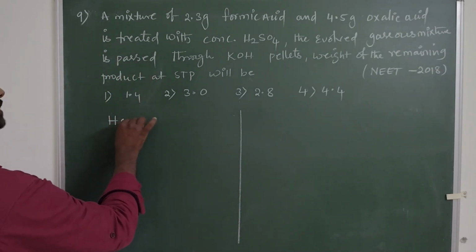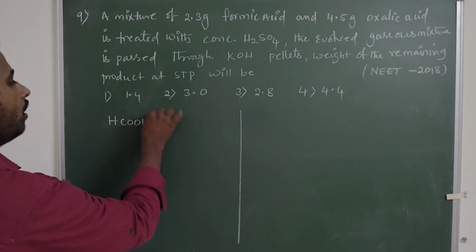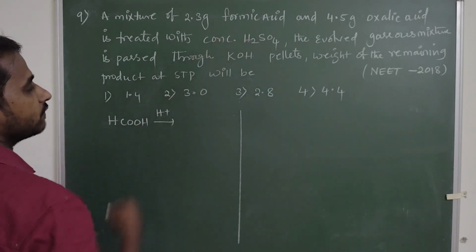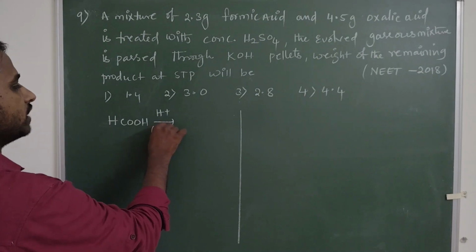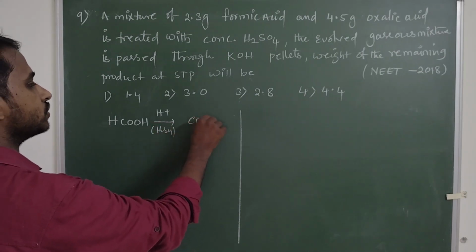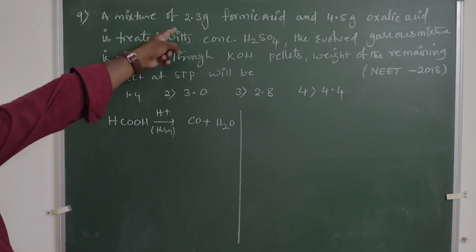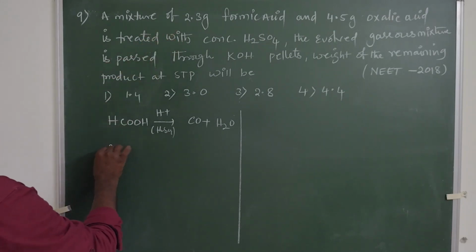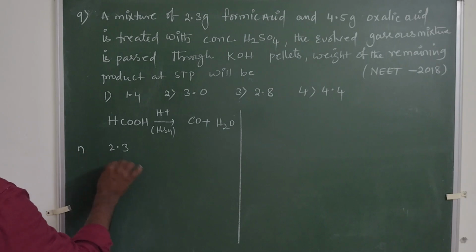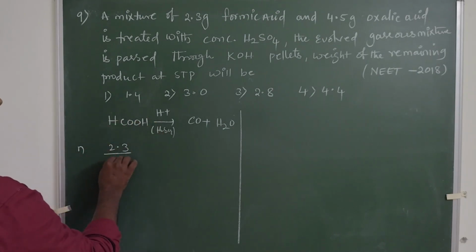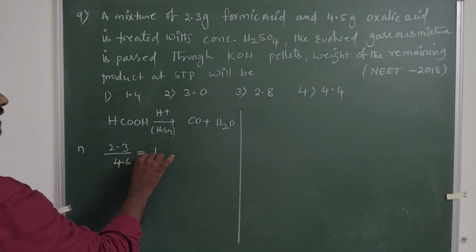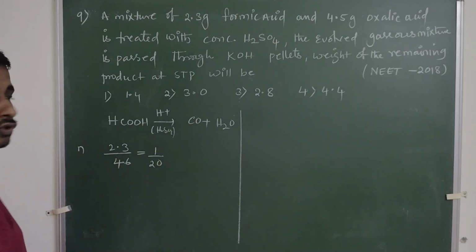So formic acid, HCOOH, in the presence of H plus, that is H2SO4, which is a dehydrating agent, forms CO plus H2O. Initially, how many moles of formic acid are there? 2.3 by the molecular weight of formic acid, 46, so it is 1 by 20 moles.